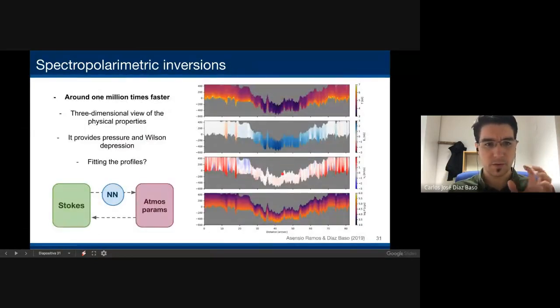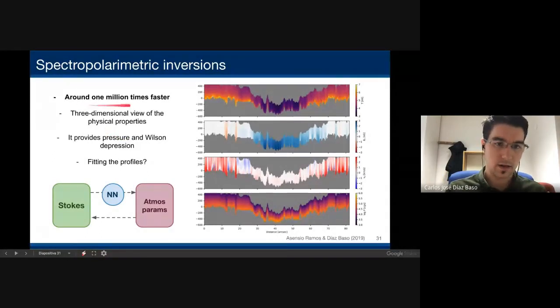And as we were doing the training based on an MHD simulation, we were extracting the physical properties in a three-dimensional way. It means that we were also able to provide information of the Wilson depression or the pressure, quantities that in principle are very difficult to obtain with the standard inversion techniques.